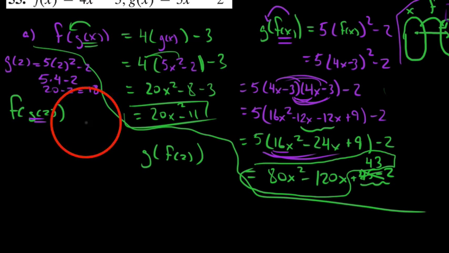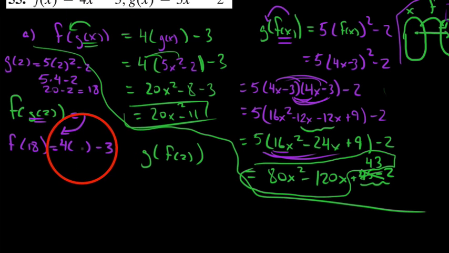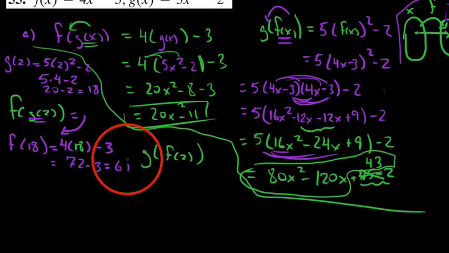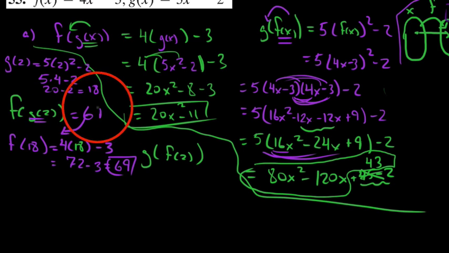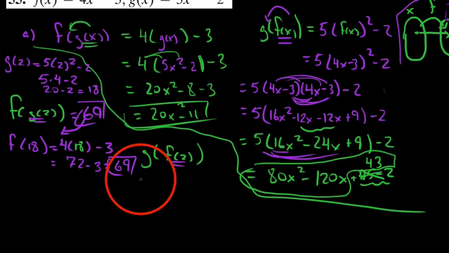If g of 2 is 18, then this is equal to f of 18, which, if f is 4 times our input minus 3, is 4 times 18 minus 3. 72 minus 3, sorry about the mental math there, is 69. So f of g of 2 is really f of 18, which is 69.